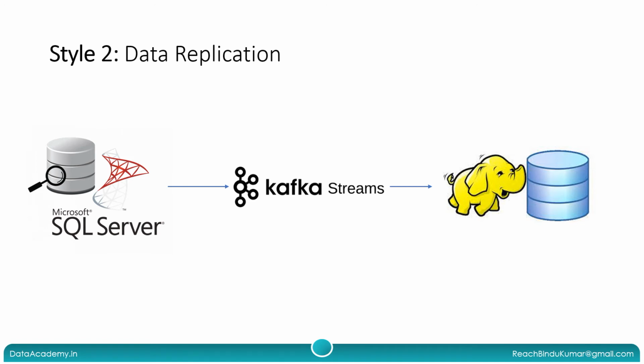It all depends on how often you need the data, right? Let's say you are okay to have data that is 1 day old, which means you can run your Kafka consumer program maybe once a day, overnight, so that you get all the data from Kafka and put it into your Hadoop database, right?